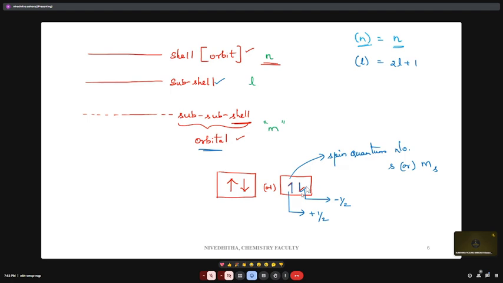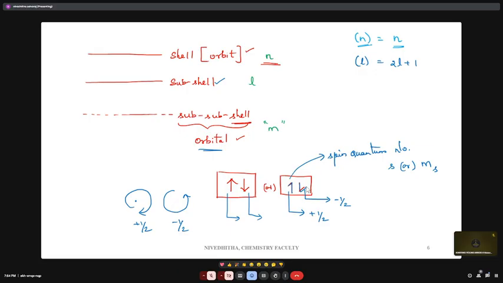We know these electrons are revolving around the nucleus, but they are not just revolving, they are also spinning on their own axis. If the spinning is in clockwise direction, that is plus half. If the electron is spinning in anti-clockwise direction, that is minus half. So this represents clockwise direction and this represents anti-clockwise direction. That's it.